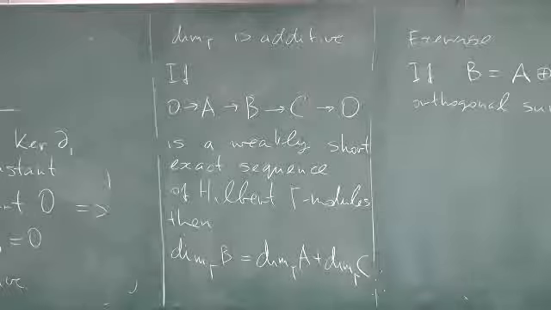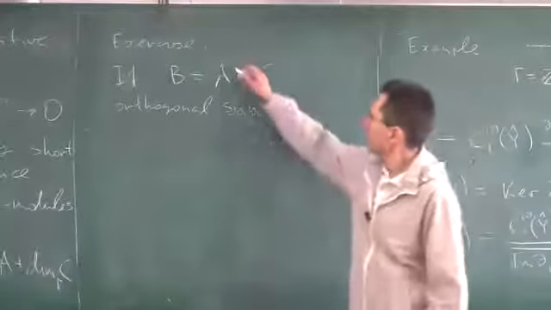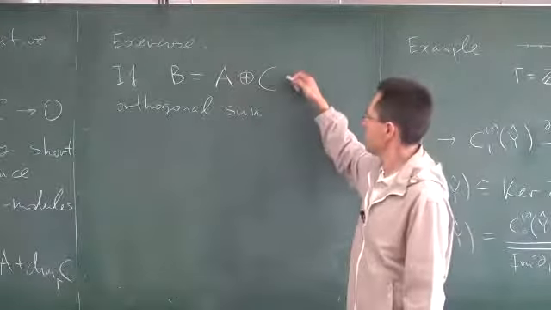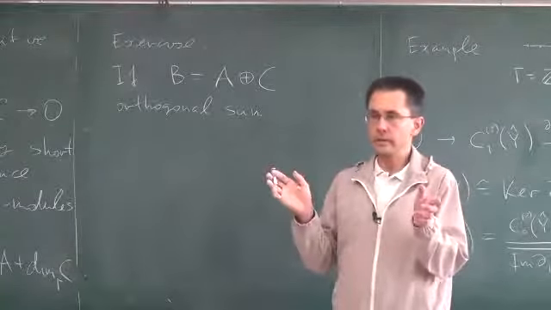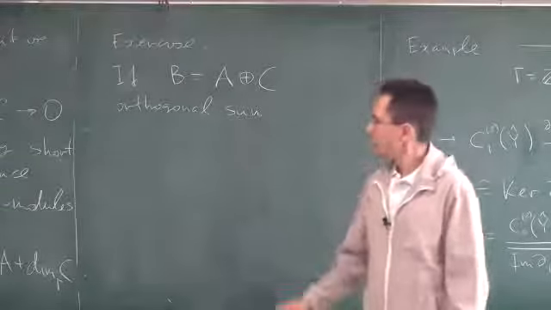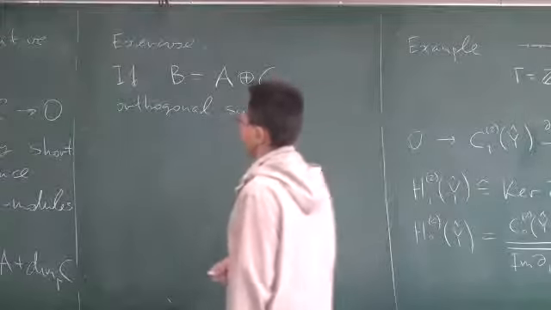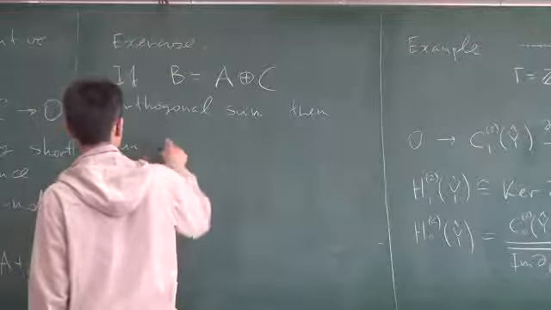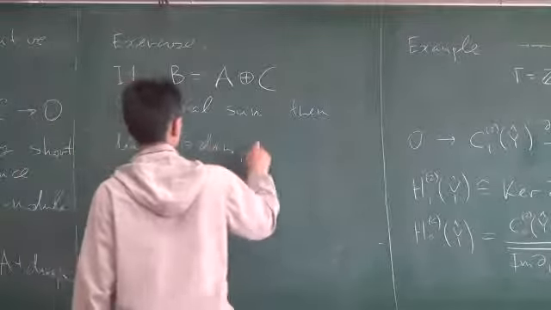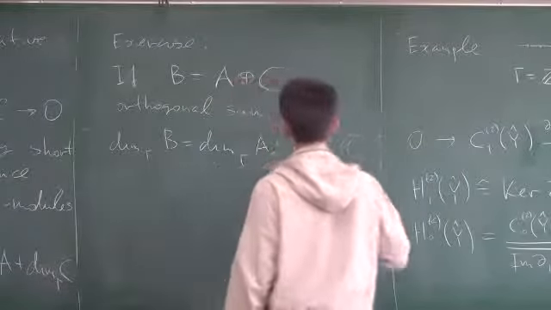It's the usual sum of vector spaces, and we put the inner product on A, which already exists, and on C, which already exists. If you have two different vectors, one in A and one in C, then we declare them to be orthogonal. Then the same holds: the dimension of B is the same as the dimension over gamma of A plus the dimension over gamma of C.